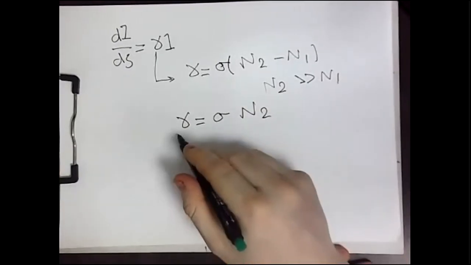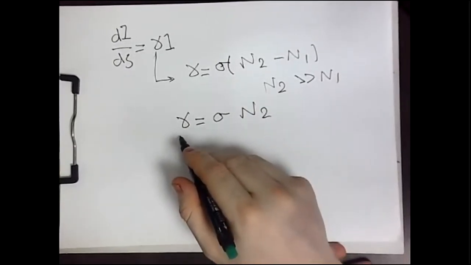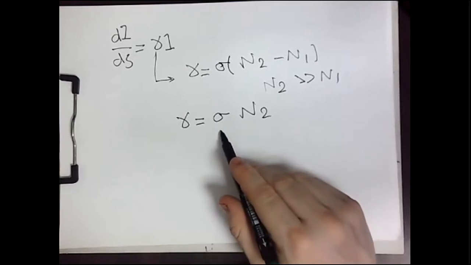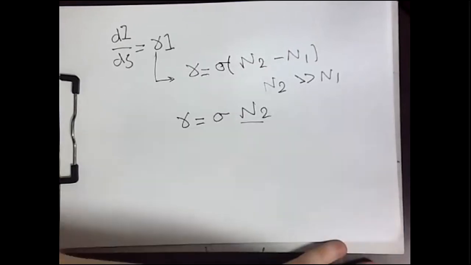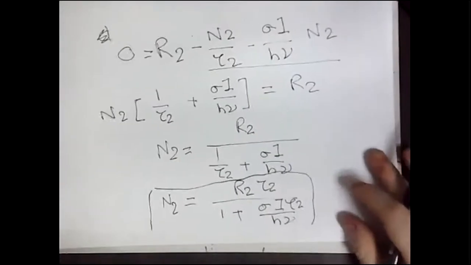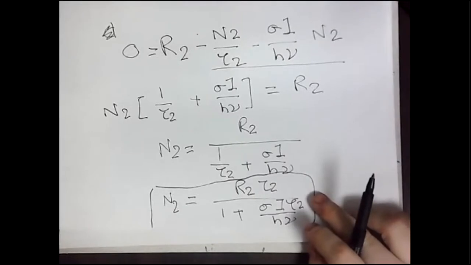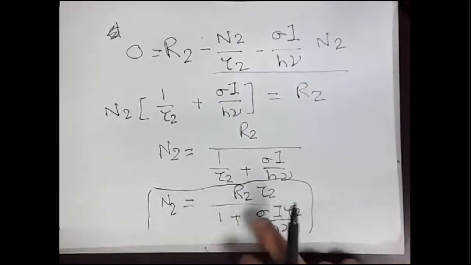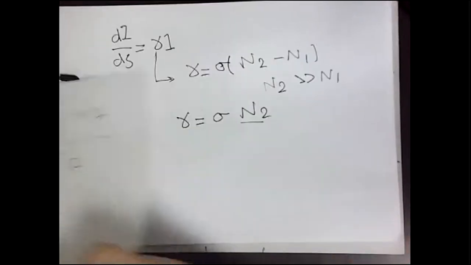What is gamma? Gamma is the gain coefficient. What is N2? N2 is the population in energy level number 2. What is sigma? Sigma is the stimulated emission cross section. We already have an expression for N2, this expression. That's perfect. So we can multiply this expression by sigma.